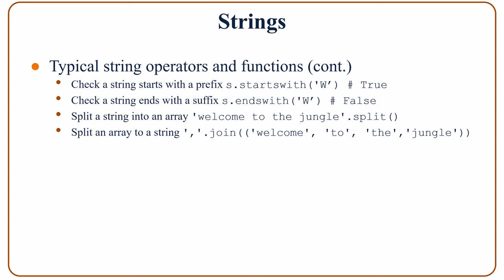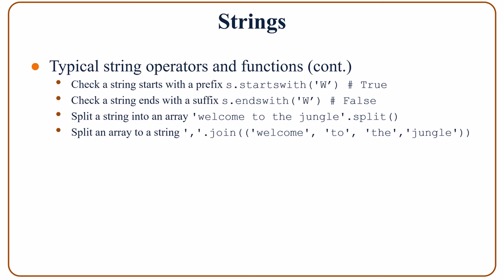There are two other methods that are very helpful in converting between strings and arrays. If we want to split a string into an array, we use the split method. So for example, "welcome to the jungle" is a string, and we call the method split.